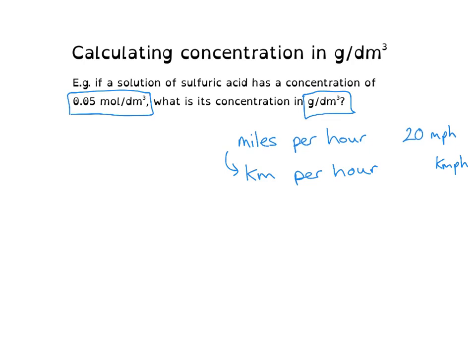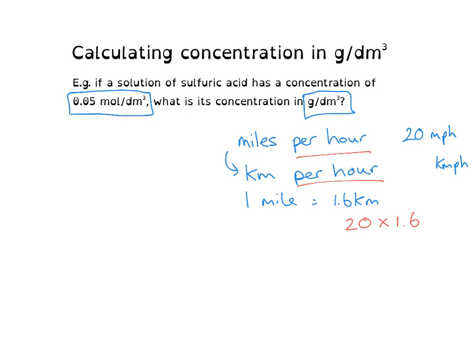What I would do then is use the fact that 1 mile equals 1.6 kilometres. I don't care about the hours because they're both per hour, so that bit cancels out. If I do 20 miles in an hour, I would do 20 times 1.6 kilometres per hour.